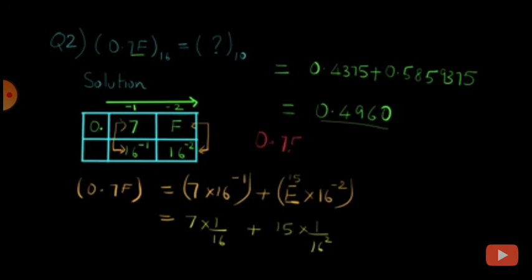So 0.7F in hexadecimal is equal to 0.4960 in decimal. So this is our final answer.